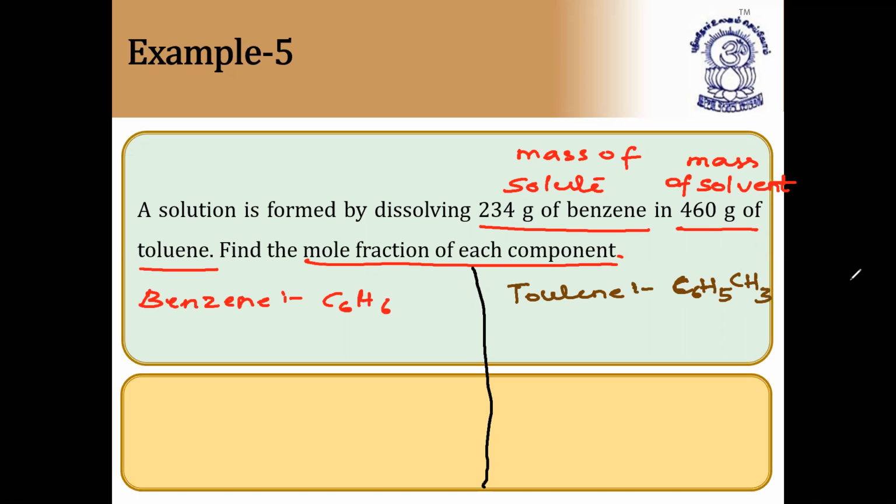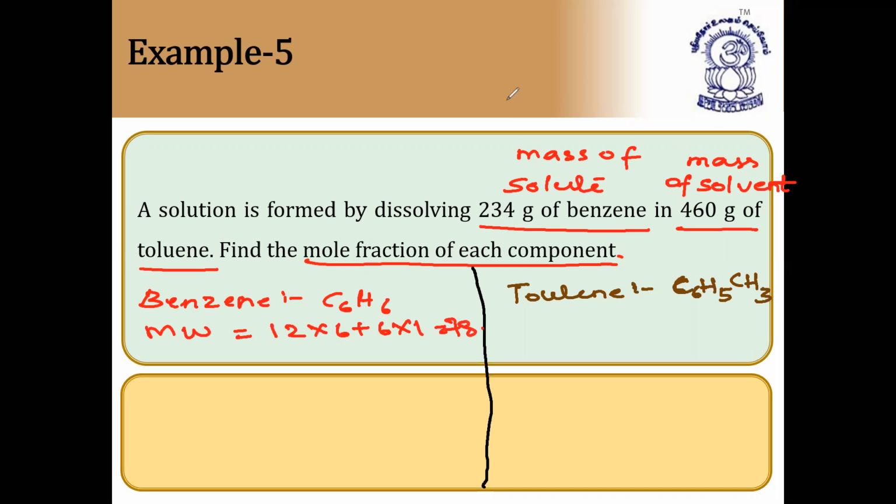Now from the benzene formula, we can find the molecular mass of benzene. Carbon is 12, 12 into 6 plus 6 into 1, which is coming around 78. Molecular weight of benzene is 78, because hydrogen molecular mass is 1.